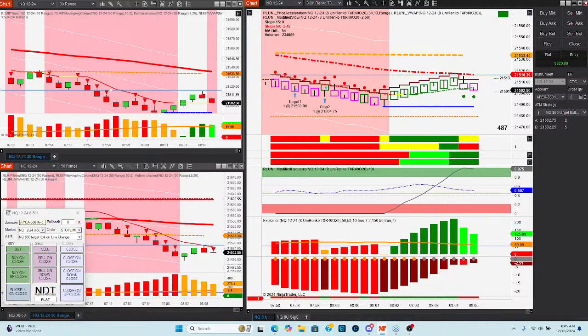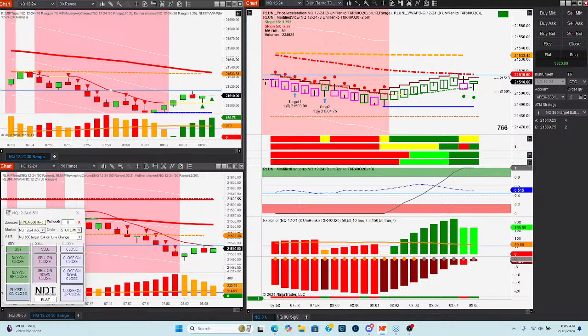I probably traded sim for a good 6 months before I even committed funds to it. Then when you trade live, whether micro or the full contracts, you go from there.